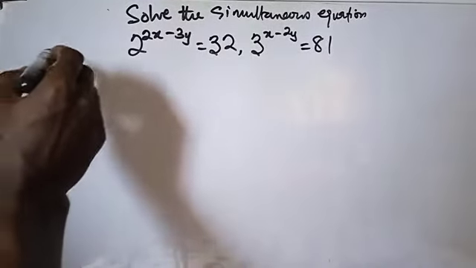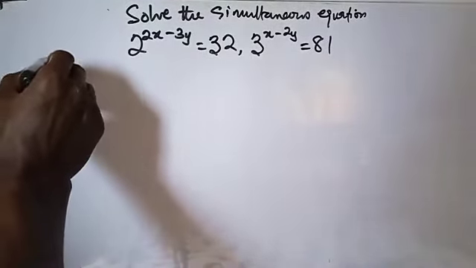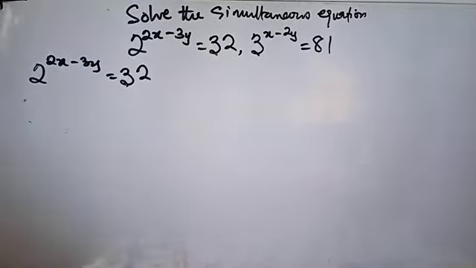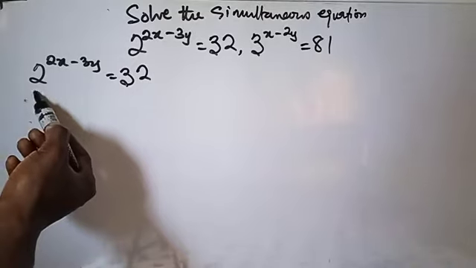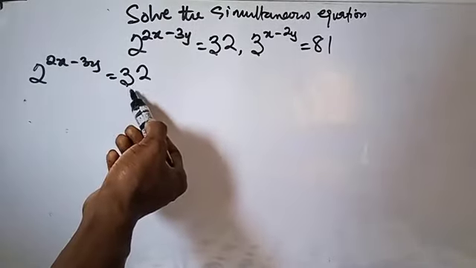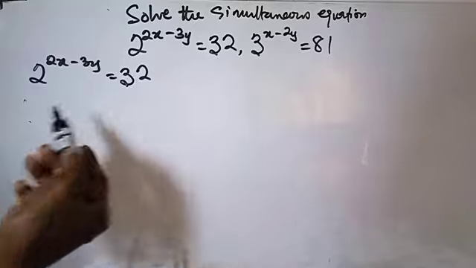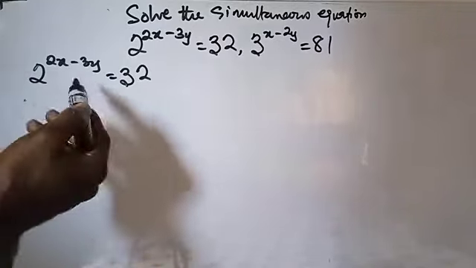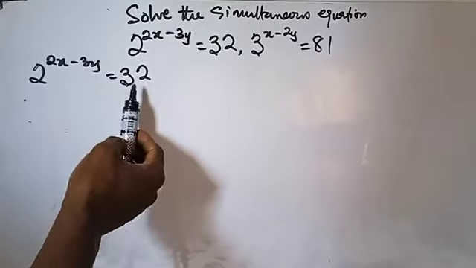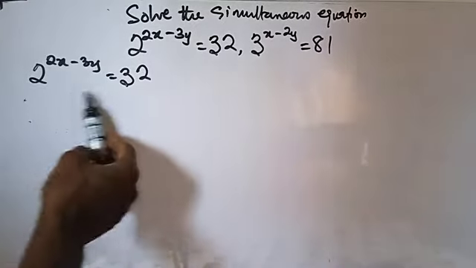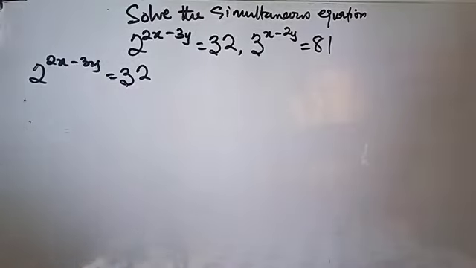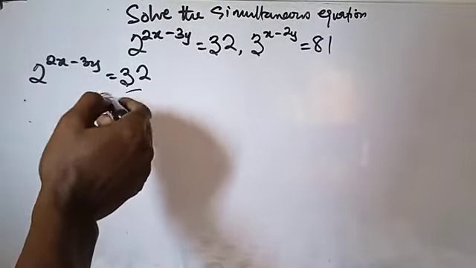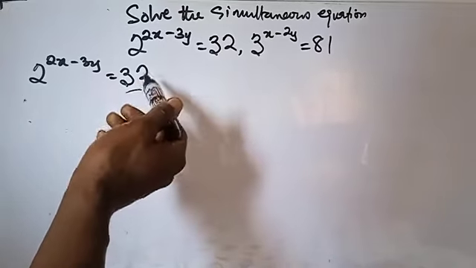From the first one, we have 2 raised to the power 2x minus 3y equals 32. Now take note that here we have a base of 2, and here we have 32. The common base between 2 and 32 is 2. Now we need to convert 32 to a base of 2 with its power.